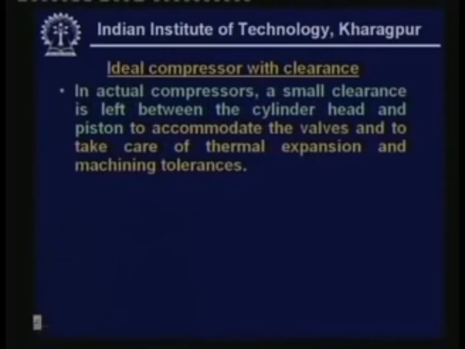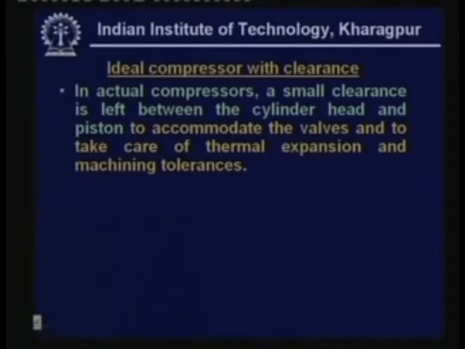First of all, why do we need clearance? In actual compressors, a small clearance is left between the cylinder head and the piston to accommodate the valves and to take care of thermal expansion and machining tolerances. If you don't provide any clearance, then due to tolerances or thermal expansion, there could be problems.